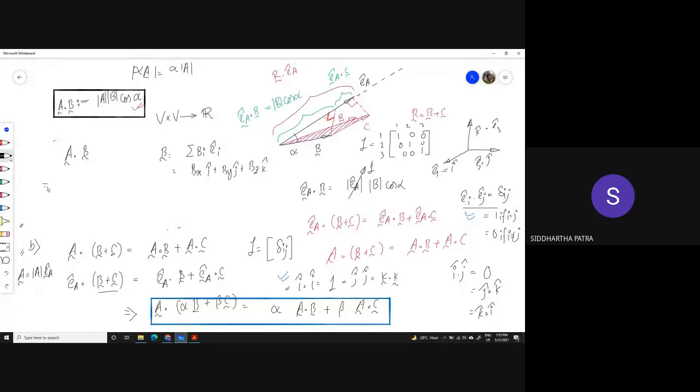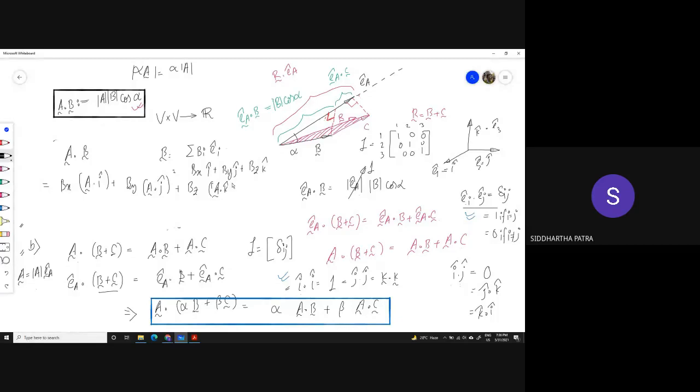So I can use the linearity of the dot product, and I can say that this is essentially bx times A dot i plus by times A dot j and bz times A dot k.